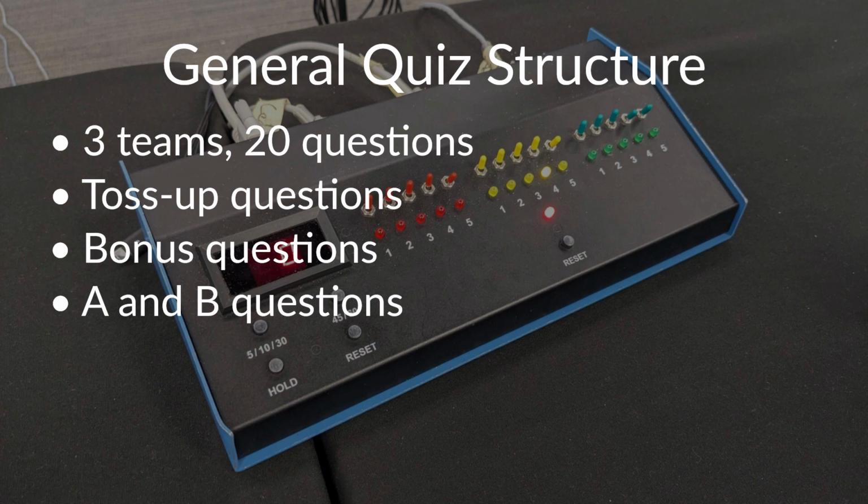If no error is made, the A and B questions for that number are not asked at all. The rules for toss-ups and bonuses still apply to A and B questions, and all 3 teams are eligible to jump once the quiz moves on to the next question number. Starting with question 17, error points go into effect. This means that any error, besides a bonus error, costs the team that made it 10 points.